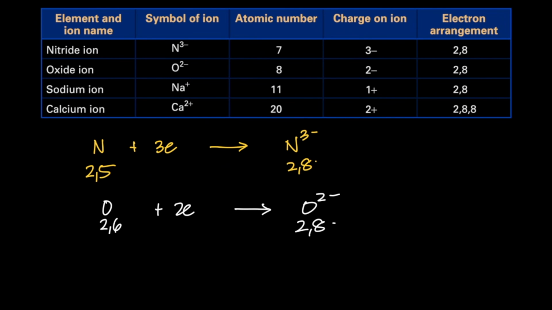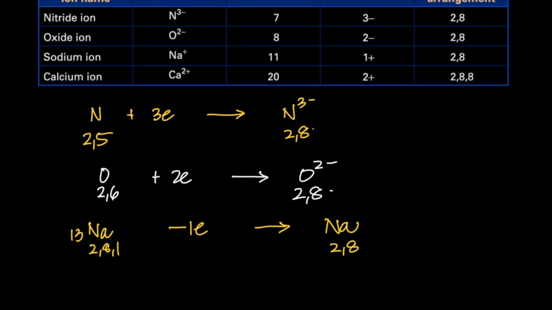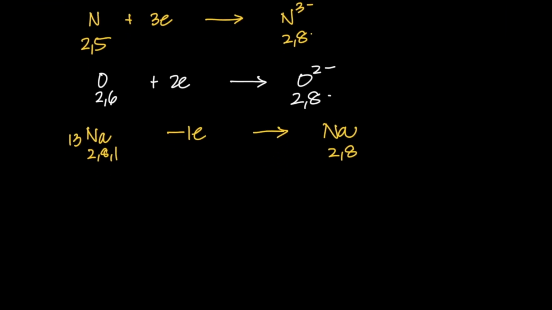And when sodium, which is 2,8,1 with proton number 11, loses 1 mole of electrons, that is 1 electron for each atom, it becomes 2,8. And lastly, you've got calcium, which has 20 electrons in the atom.